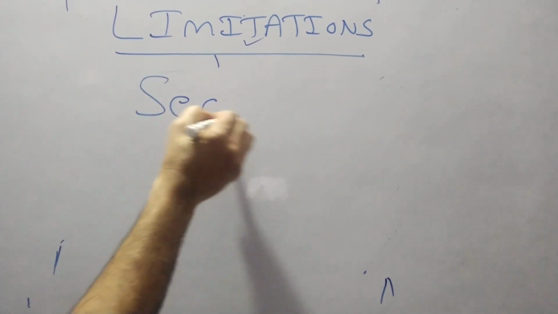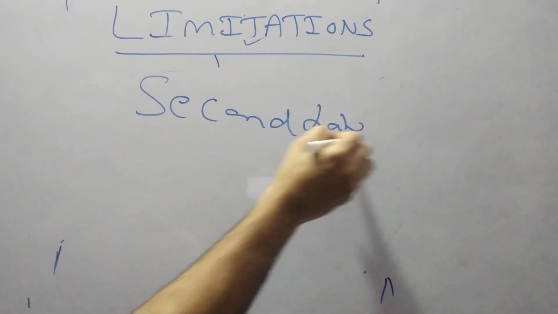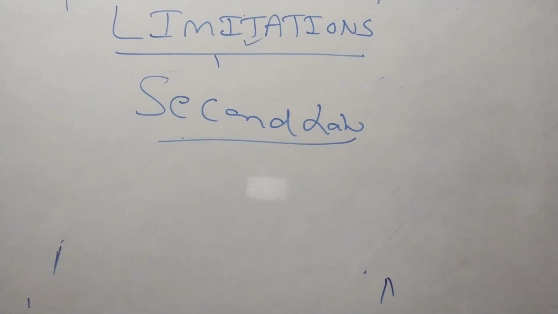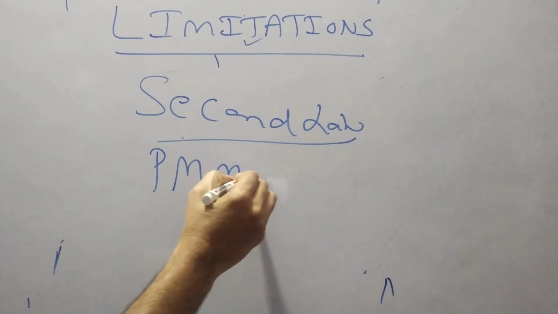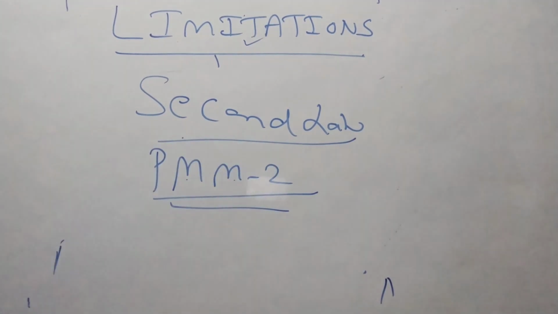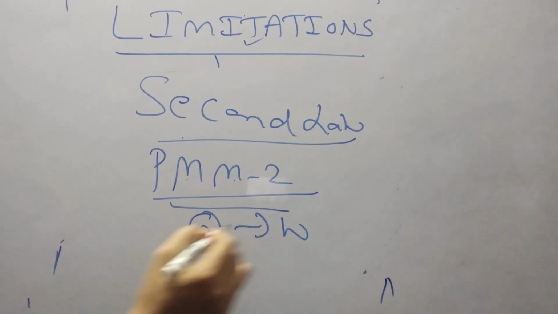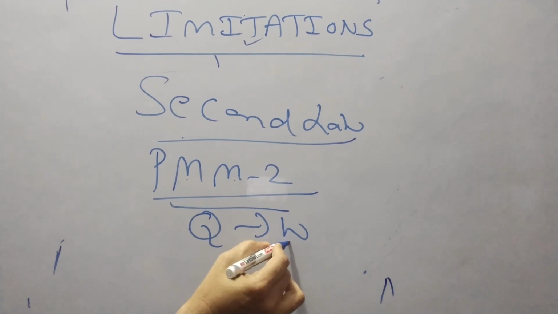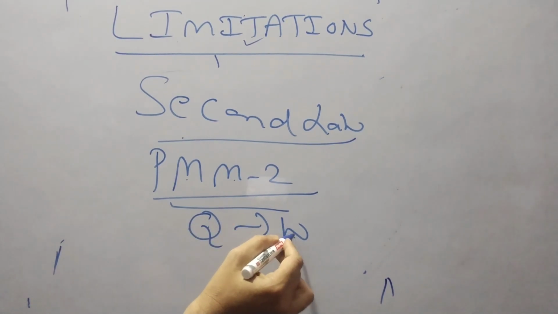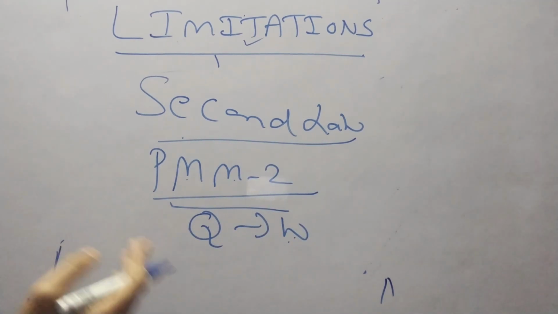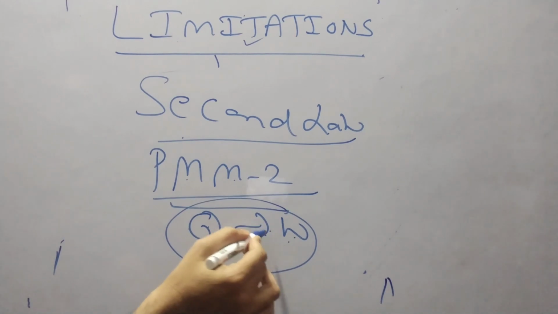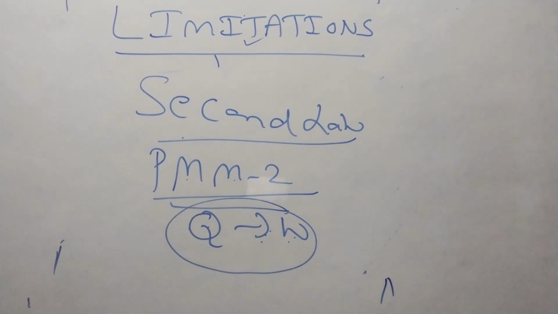Next we'll go for the last one, that is the second law of thermodynamics. Here also there is the PMM2 machine, perpetual motion machine of the second kind. If heat is applied, Q equals 10 joules, and work is 10 joules, it means there are no losses, no friction losses. That kind of machine violates the second law of thermodynamics. That is the second law limitation.